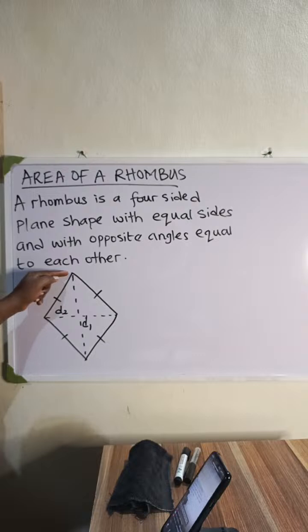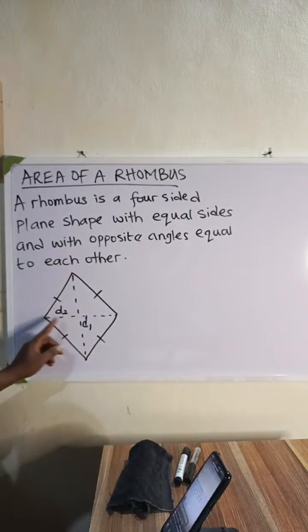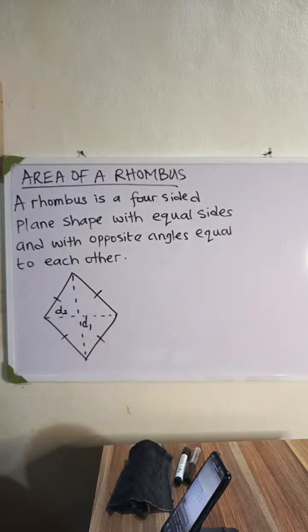If you look at the diagonal from here to here, it's longer than the diagonal from here to here. So the diagonals are not equal. For a square, the diagonals are equal. For a rhombus, the diagonals are not equal.